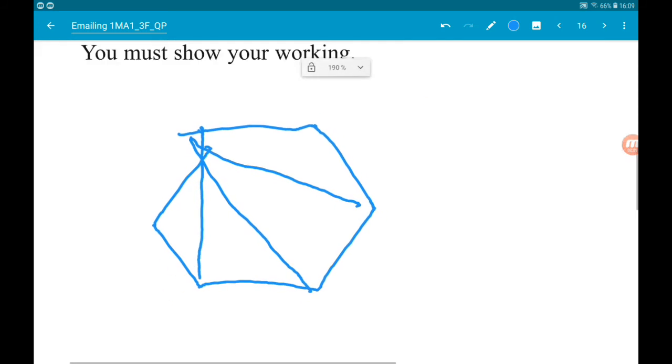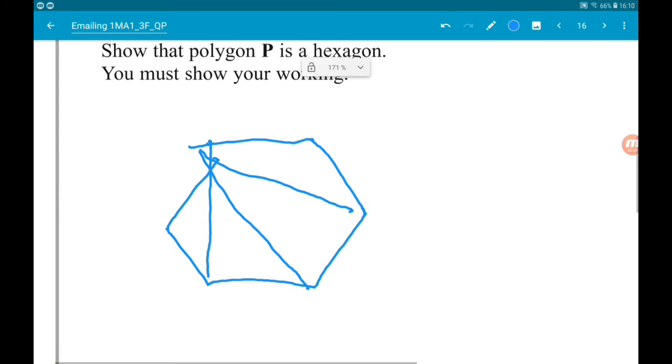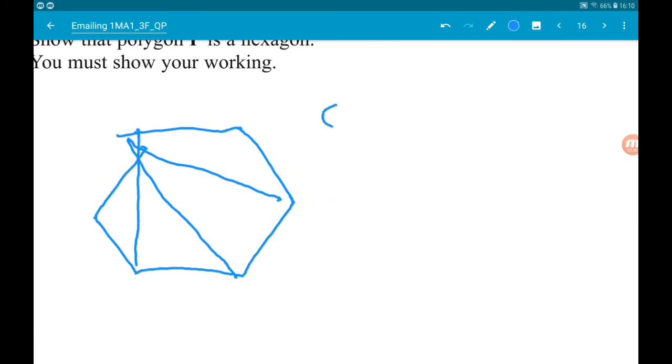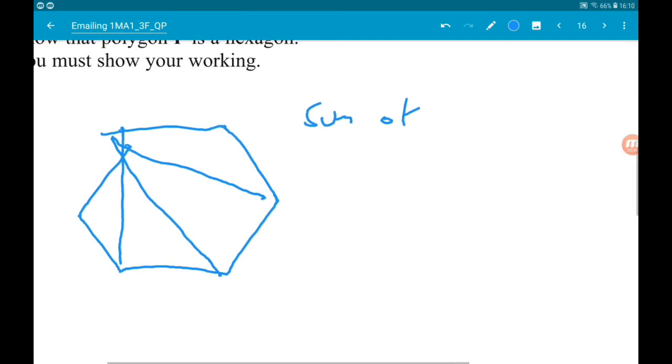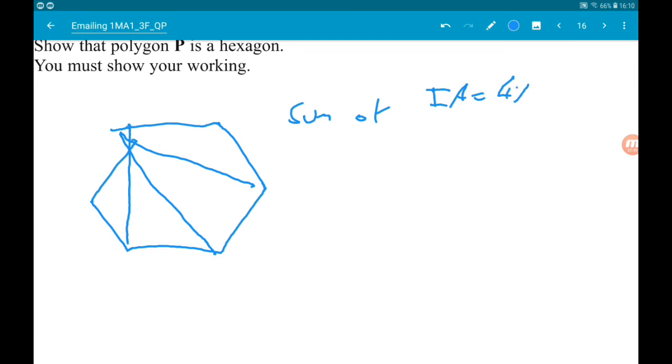Now what I've done inside this hexagon is I've created 4 triangles. So the sum of the interior angles, just going to call that IA, is 4 times 180, which is 720.